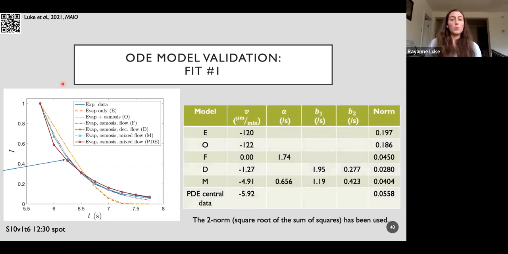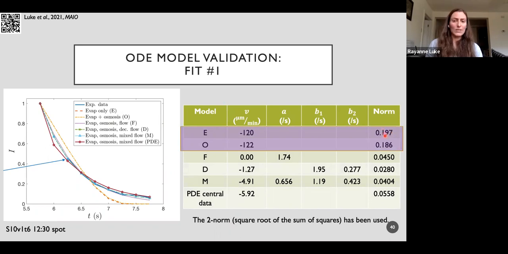So here's a table with a lot of numbers that probably don't mean a lot, but you can definitely see that if you just look at the norm, these 2 models are doing a way worse job than any of the others. And I'll tell you that these are unrealistic evaporation rates. So this is an indication that this breakup cannot be explained without flow. These 2 models only have evaporation and osmosis.